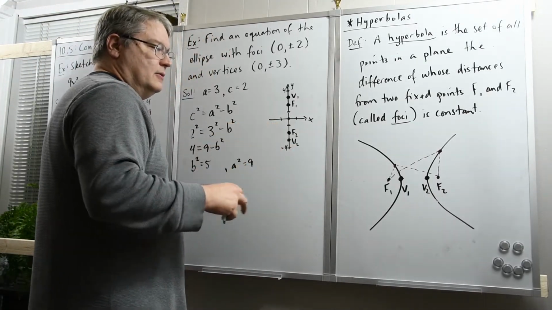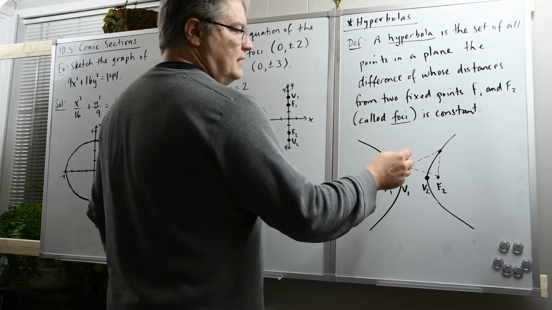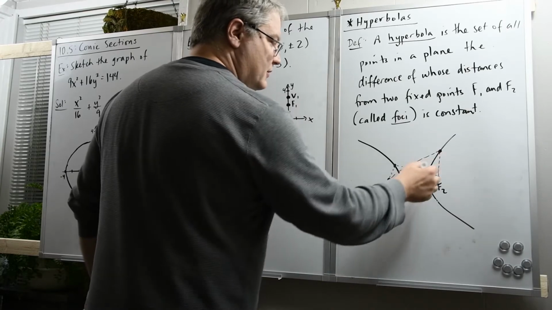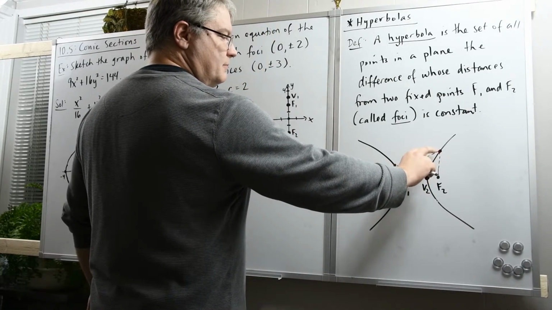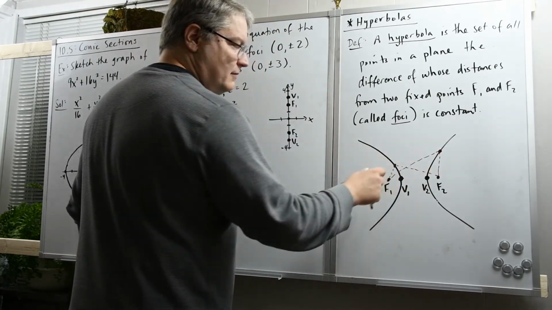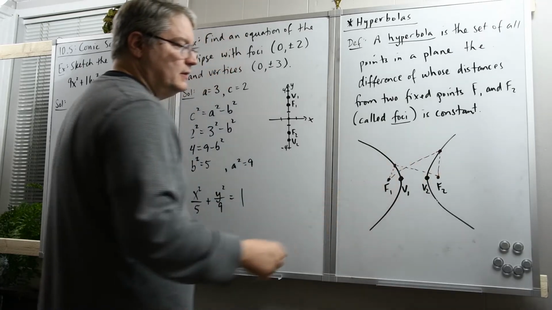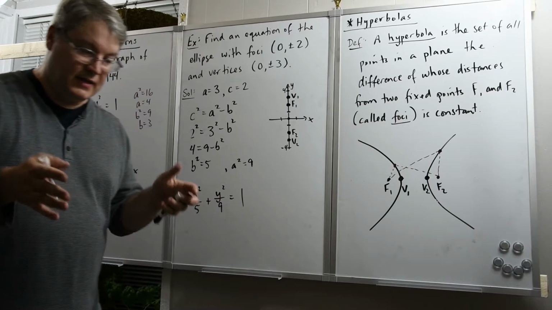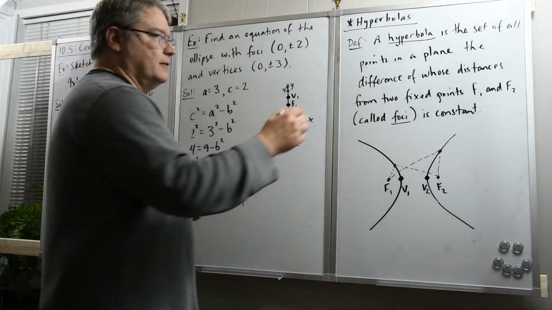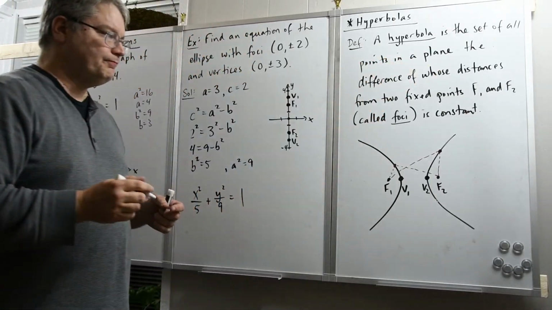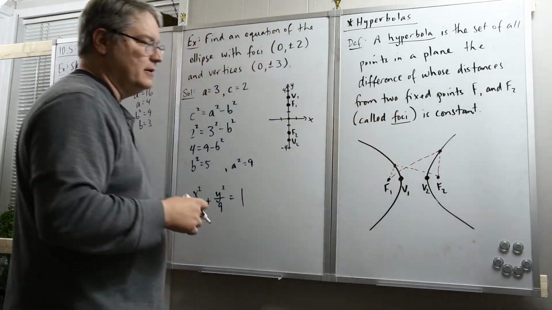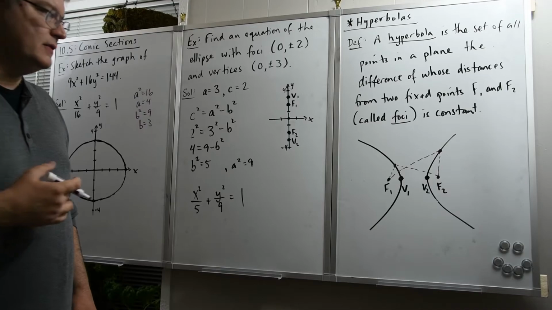Now, one could argue that we're interested in taking the distance from a point to F1 minus the distance from that same point to F2, in which case you would have a positive here and a negative there because this distance is actually shorter than this one. So that's what I was mentioning earlier: maybe we're interested in looking at the absolute value of the difference of these distances. But if you take the order right with the differences, it's not going to matter either way. You'll still get that same constant every single time.